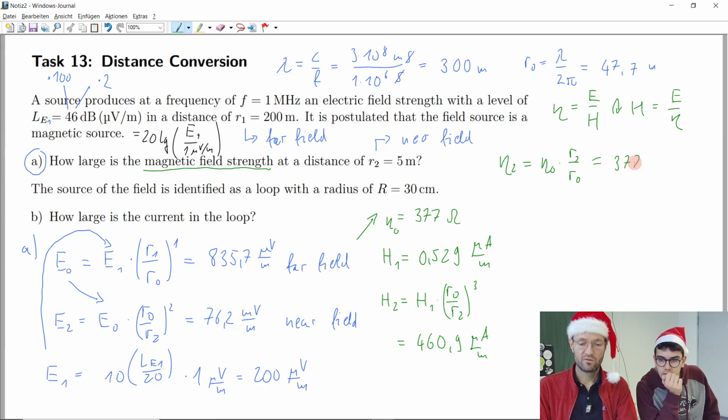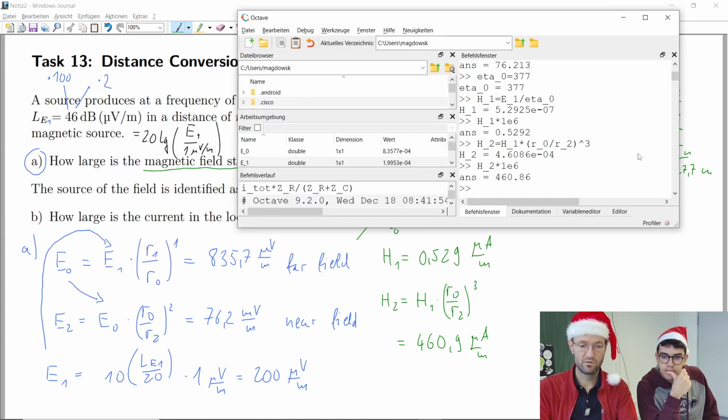So 377 ohm multiplied with 5 meter divided by the 47.7 meter, and I will do the calculation in Octave.